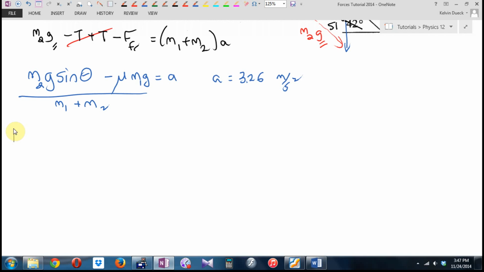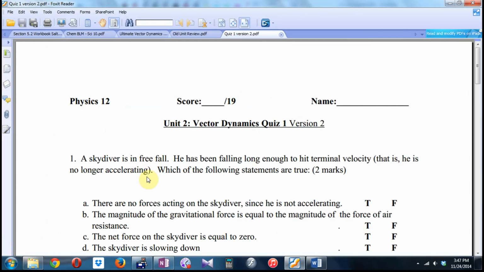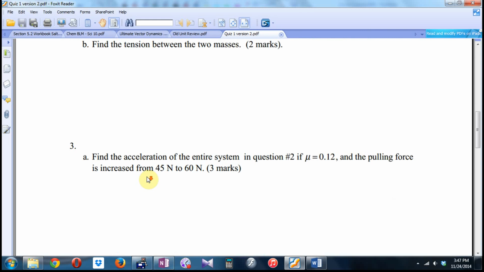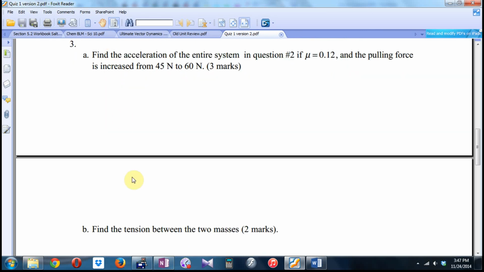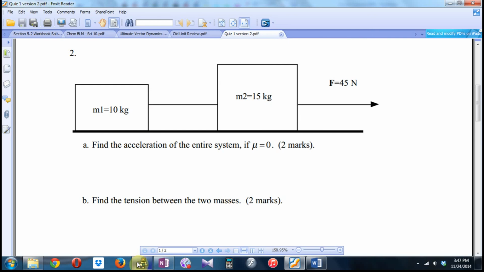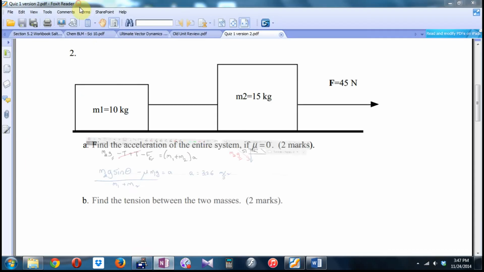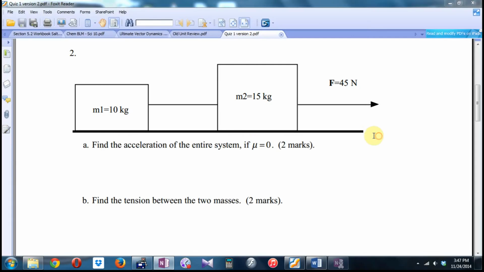Number 3 from quiz 1? Sure thing. Did I give you quiz 1 version 1 or version 2? What does it say at the top of the page? Version 2? Quiz 1 version 2? So 3A and B? No, it's 3A? Okay. I need the diagram, so I'm going to go like this.